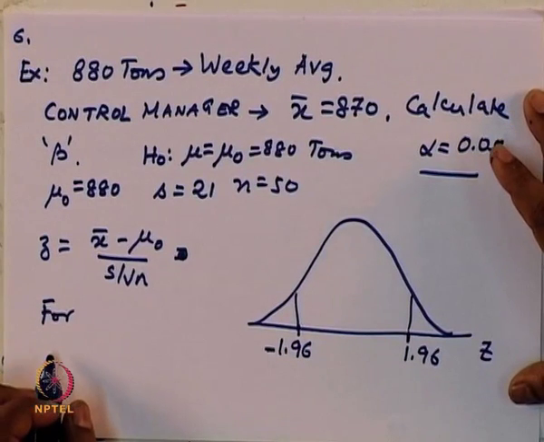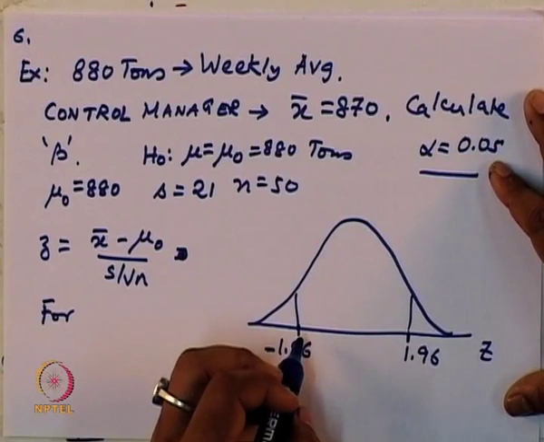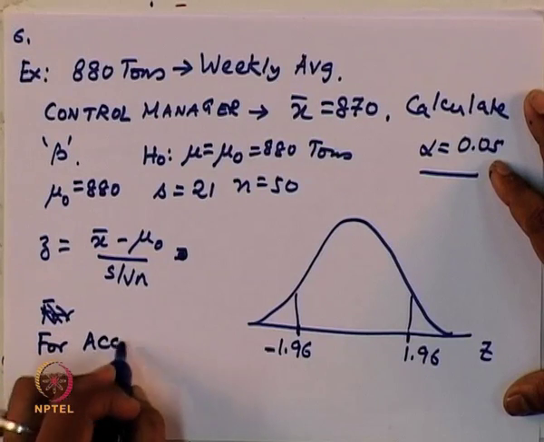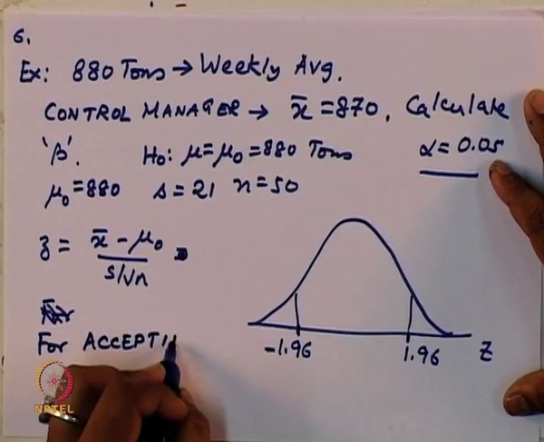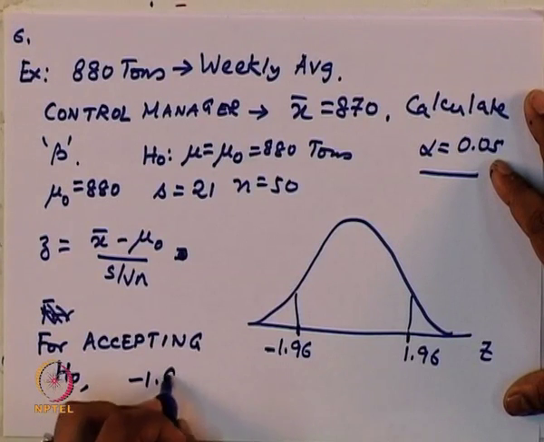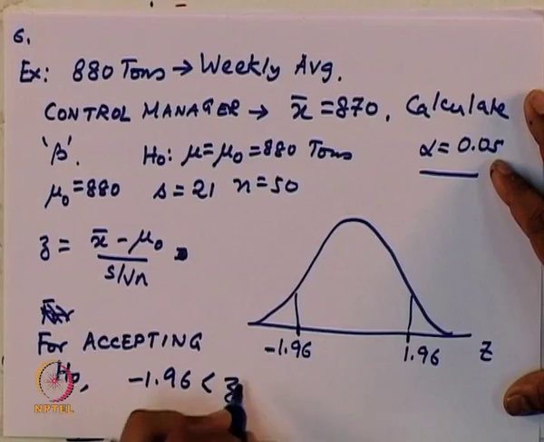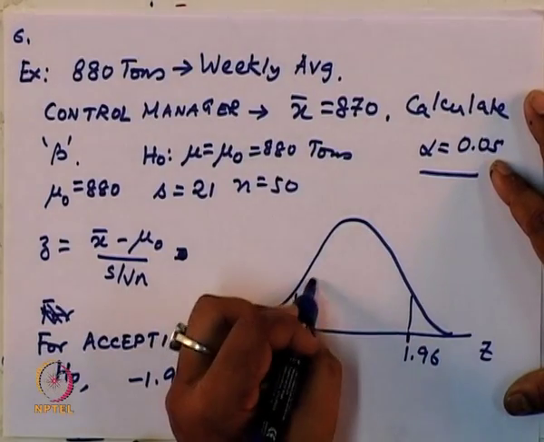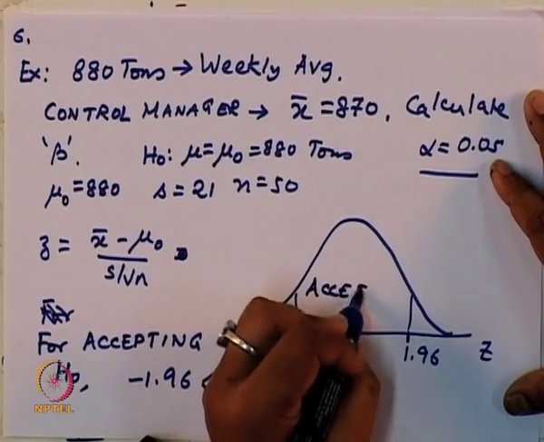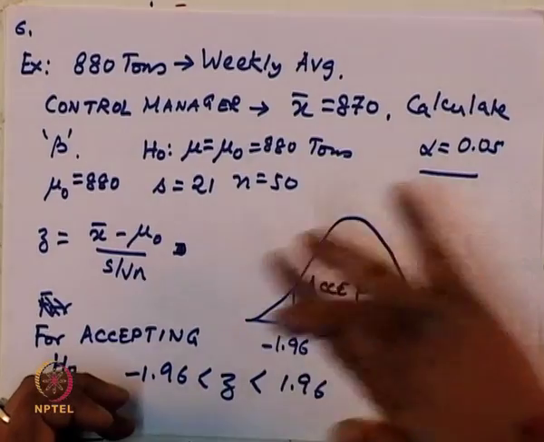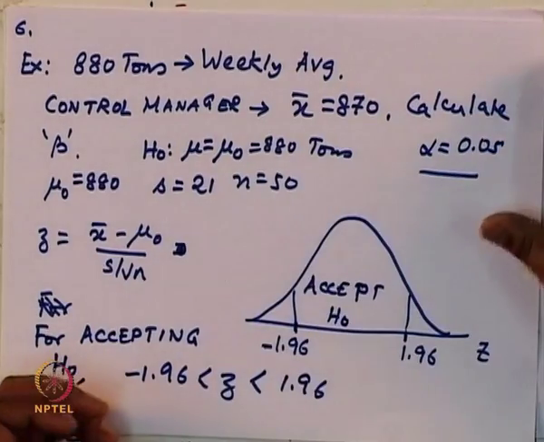So, for accepting H naught, my Z must be bound by this. This is my accept H naught area, the range over which I am going to accept my null hypothesis.